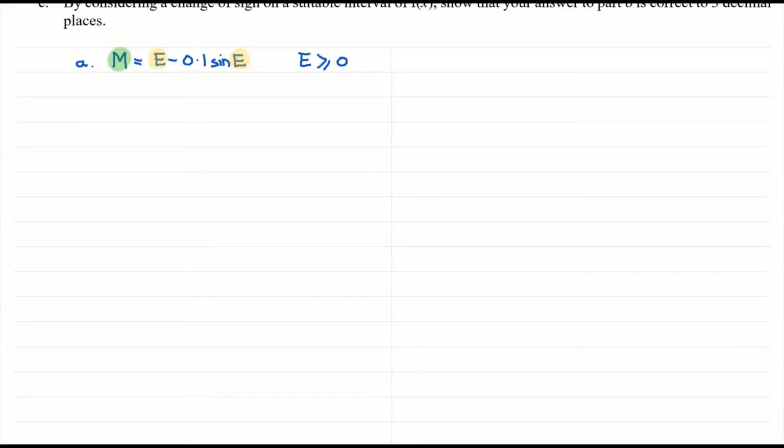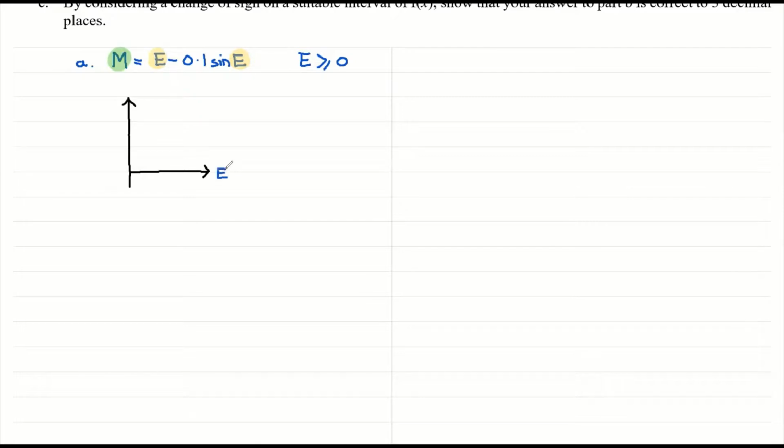So just to think about this in terms of variables, you could plot a graph of this situation. You could have, for example, the x-axis here and the y-axis going like that. Now, the x-axis is called the E-axis in this situation.